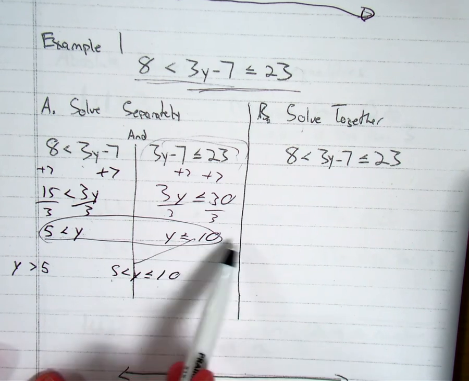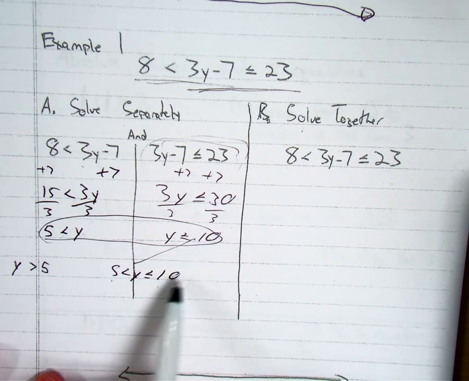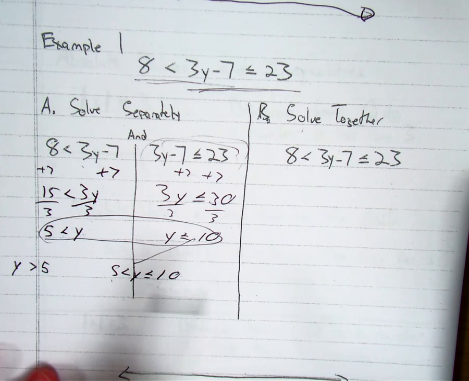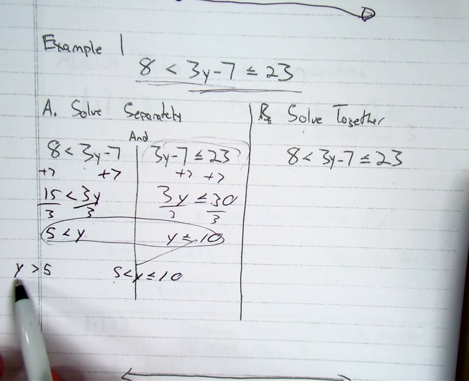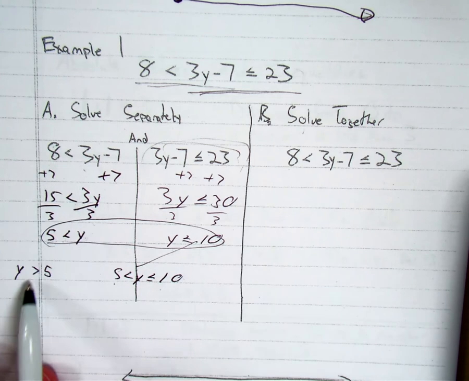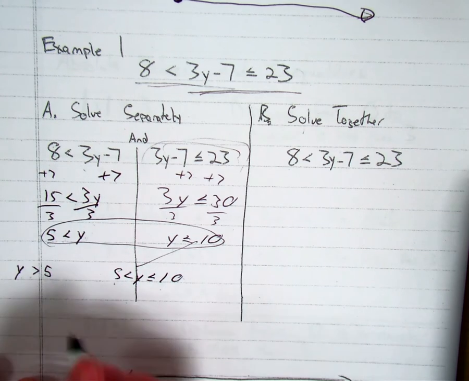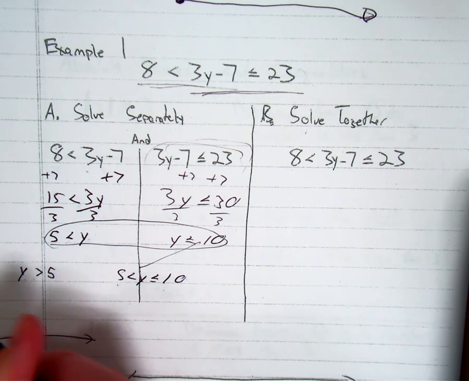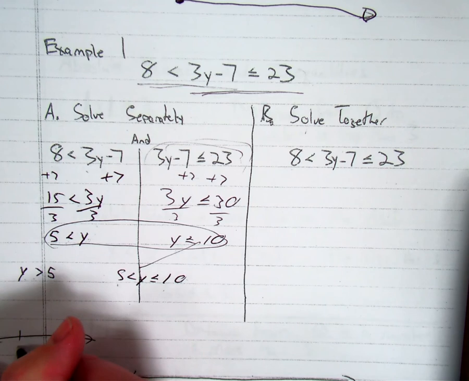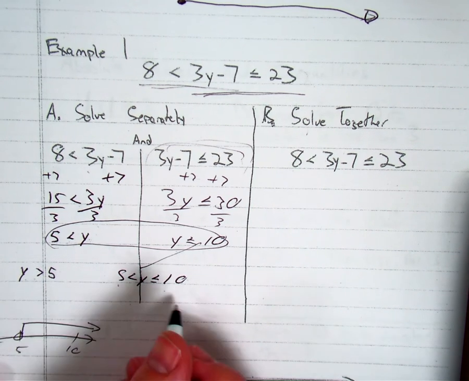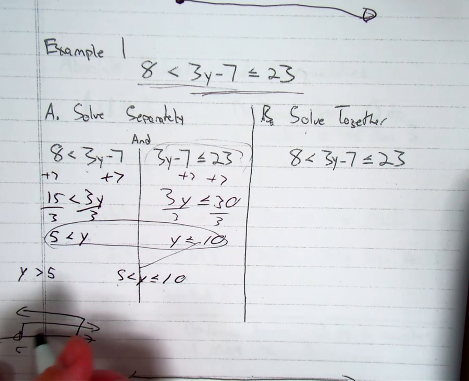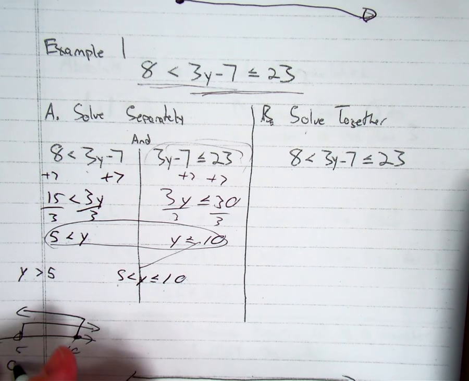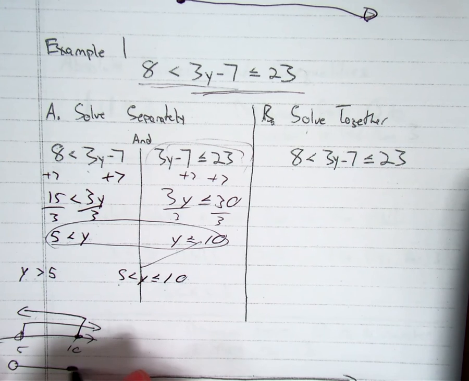Sometimes it doesn't work out like that. Sometimes this is going to be a negative and the number on this side is going to be smaller, and you might need to turn it around. Otherwise, if you're going to graph them individually like we did up on top, you can do greater than 5. We'll just do a quick little sketch down here. 5 and 10, greater than 5, less than or equal to 10. Alright, and we're going to be right here in the middle. So this is going to be our final answer, where they're both true.